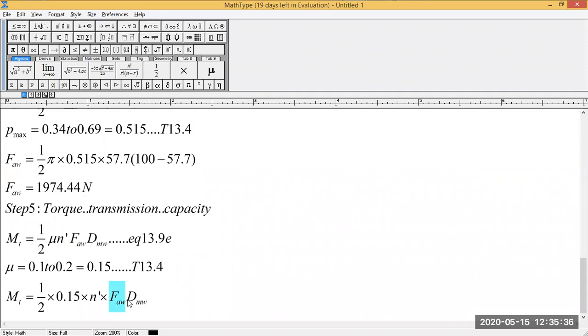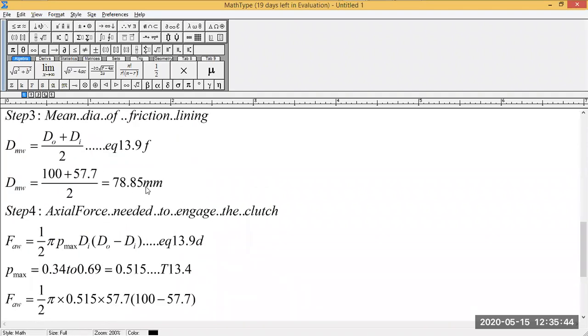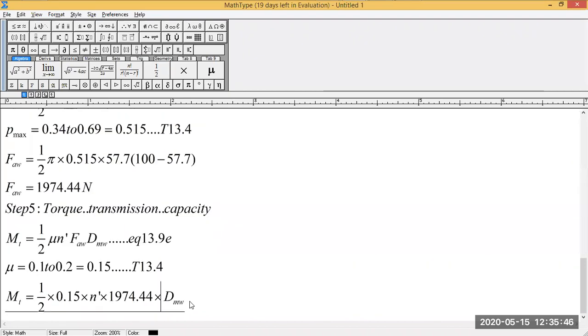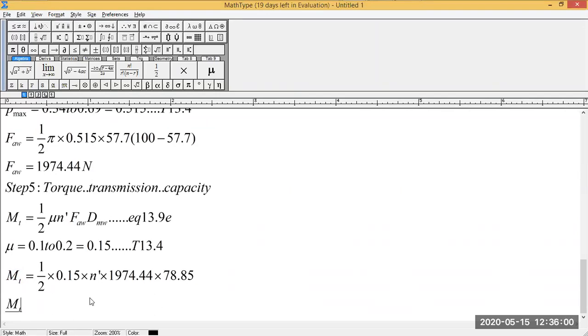So FAW is 1974.44 into DMW. DMW is 78.85. So MT will be in terms of n dash.